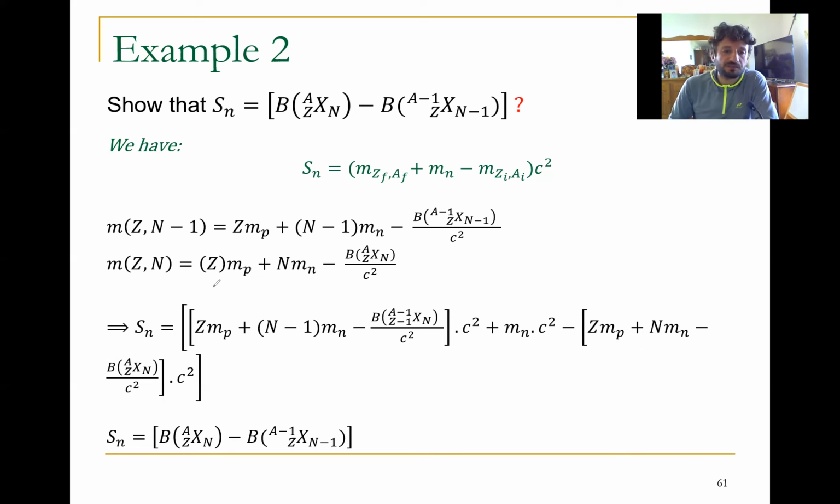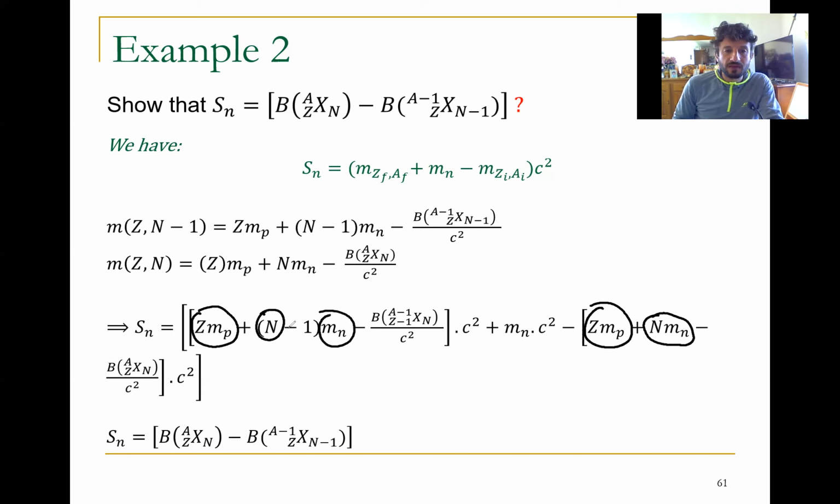Look well here. Here we have Z Mp, and here we have minus Z Mp. Okay, we can cancel these two terms. Here we have N Mn, and here we have minus N Mn.